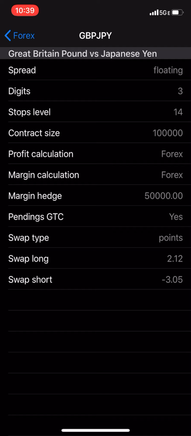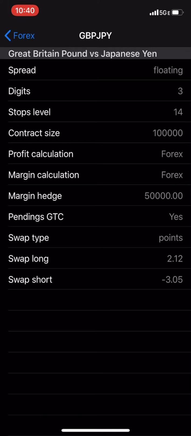And so with this example, with the Great Britain pound against the Japanese yen, if we were in a buy position going into the new day, for every standard lot that we would be trading, we would get paid $2.12 for holding that buy into the new day.